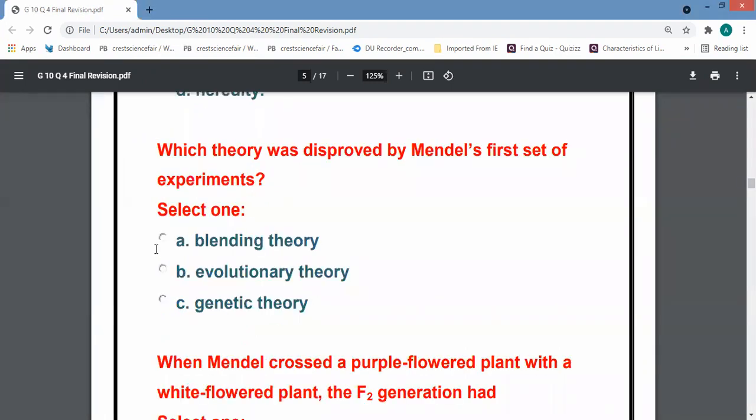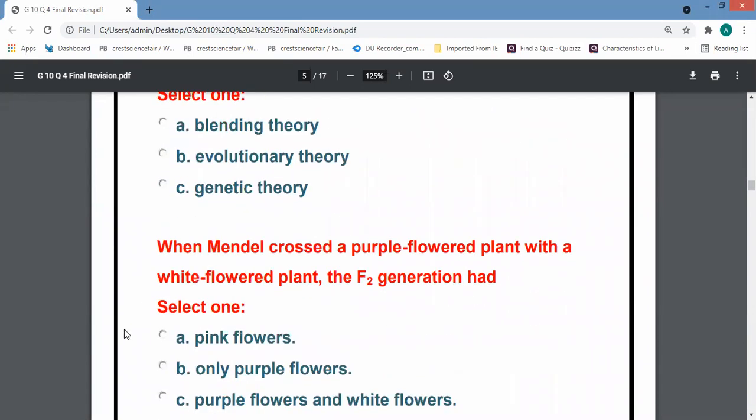Which theory was disproved by Mendel's first set of experiments? Blending theory, evolutionary theory, genetic theory. Mendel disproved which theory? Blending theory. Excellent, Lucy.